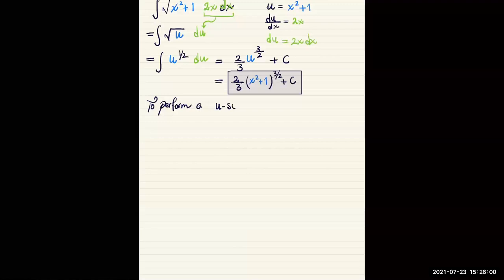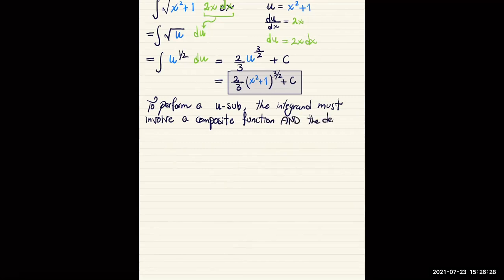This is called a u-sub. The integrand must involve a composite function, and the derivative of the inner function must be a factor of the integrand.